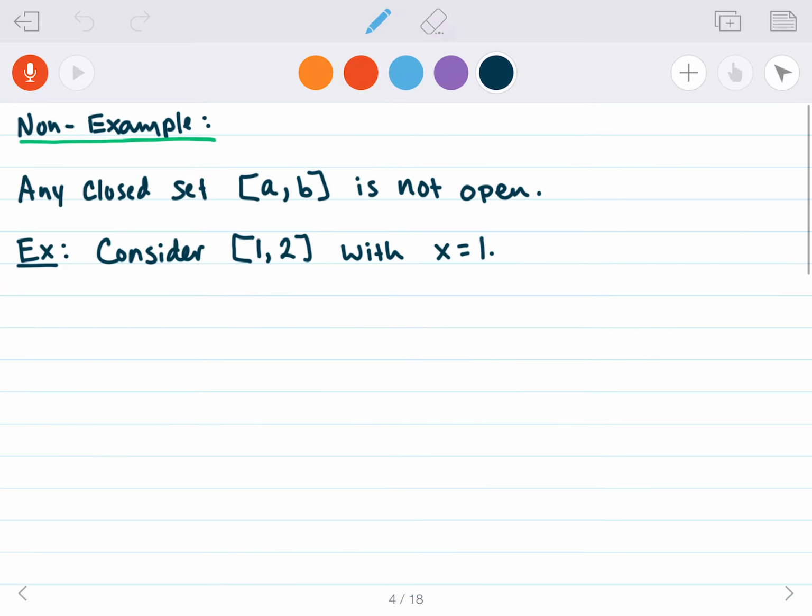Okay, let's look at a non-example. You probably know this intuitively from all the classes you've taken when you've seen these kinds of sets. Anything with brackets on the endpoints is closed in the real numbers, and anything with parentheses is open. In that sense, the closed set from a to b is not open.